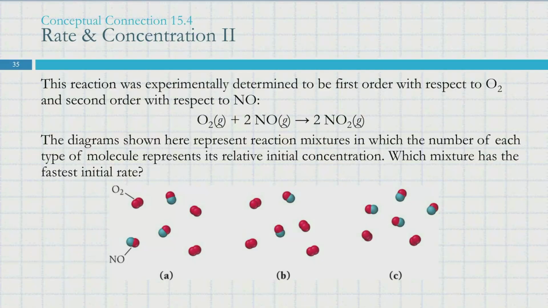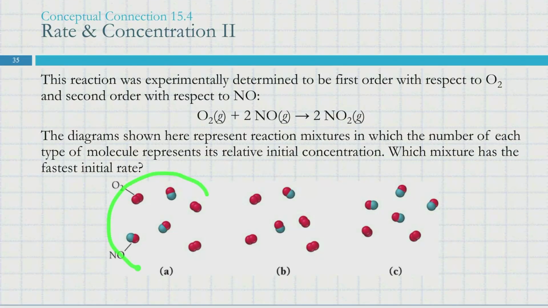The three situations that we've got: 3 NOs and 3 O2s, 4 O2s and 2 NOs, and this last situation where we've got 4 NOs and 2 O2s.